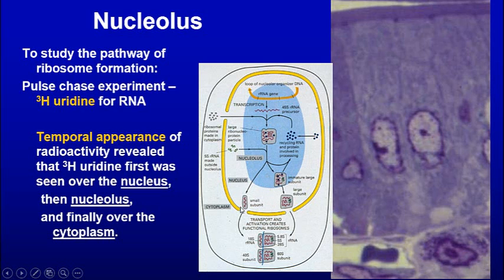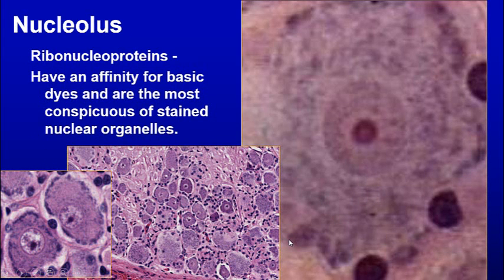You get the large unit and the small unit, and finally they get together outside in the cytoplasm. So you followed the path of the production: nucleus, nucleolus, cytoplasm.